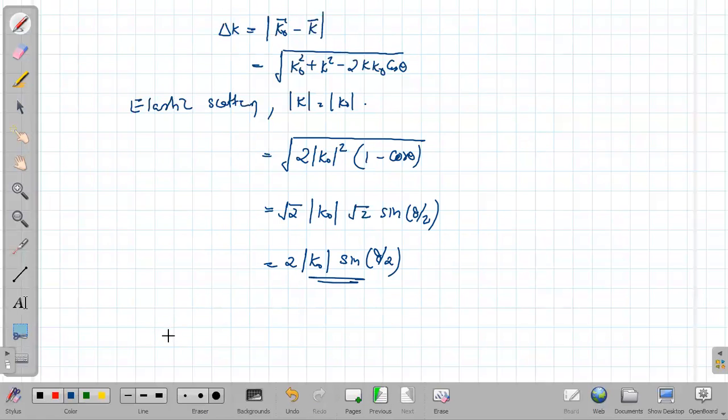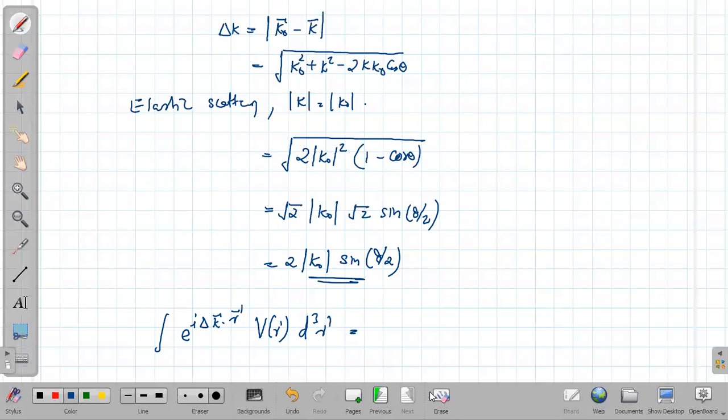So hence our integration. So what is our integration? Integral e raised to I delta k dot r prime v of r prime d cube r prime.